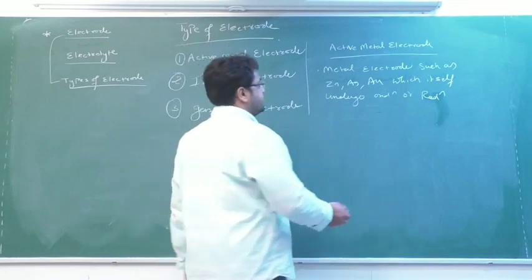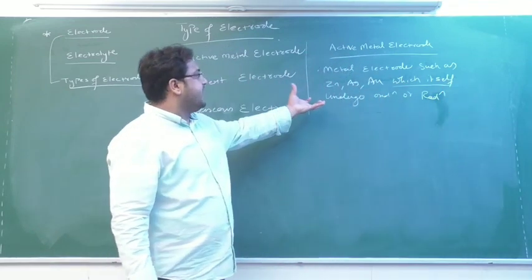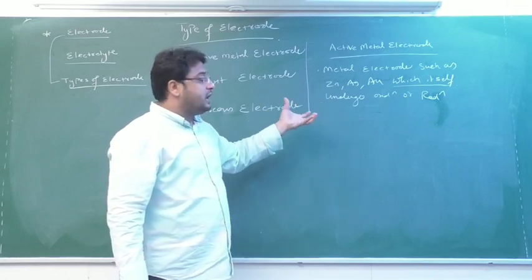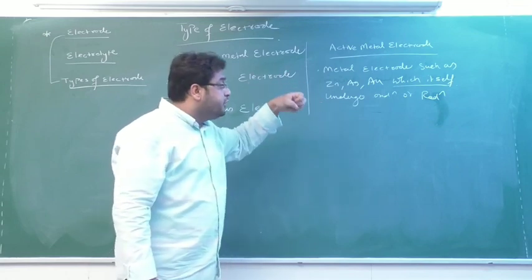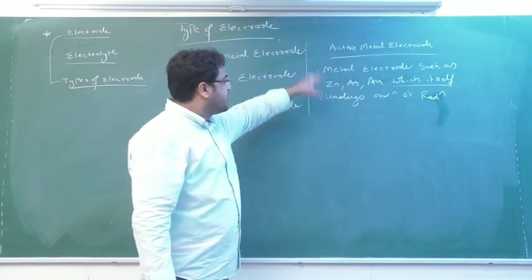They undergo it themselves, meaning what? Suppose zinc is acting as an anode; after the reaction, the zinc weight will reduce. The weight will not remain the same, meaning it itself is undergoing the reaction.